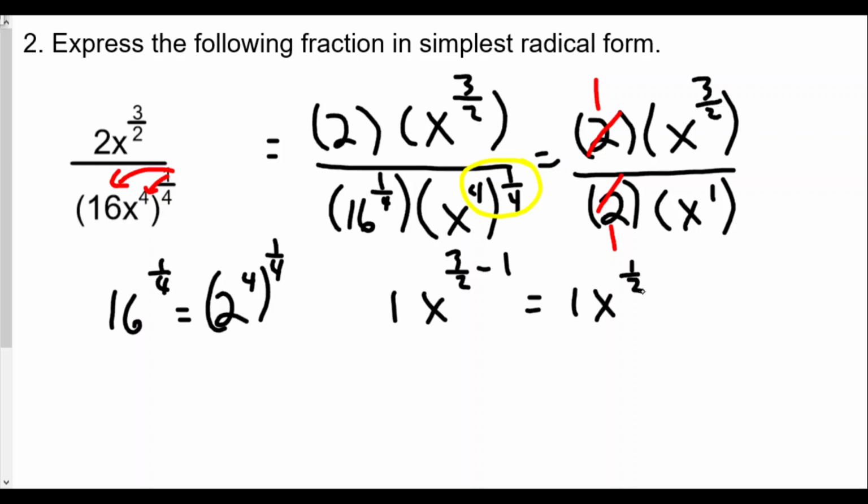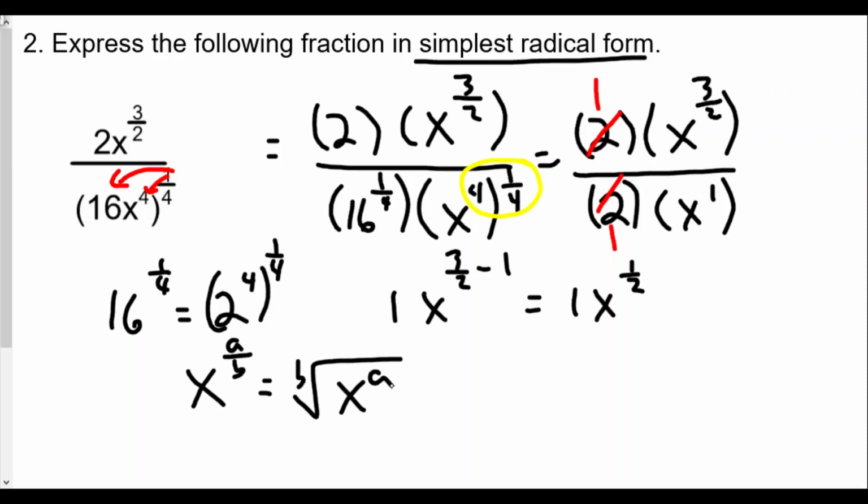Now, simplest radical form, if we remember, is that x to the a over b becomes the bth root of x to the a. That's one of those things we learned about changing the exponent to a radical and radical to exponent.